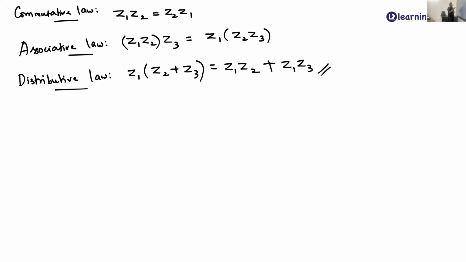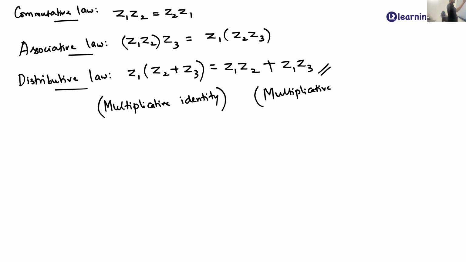The next topic is about two terms that I'm going to use now. Listen to this carefully. One is called multiplicative identity, and the second is called multiplicative inverse. What do you mean by multiplicative identity?